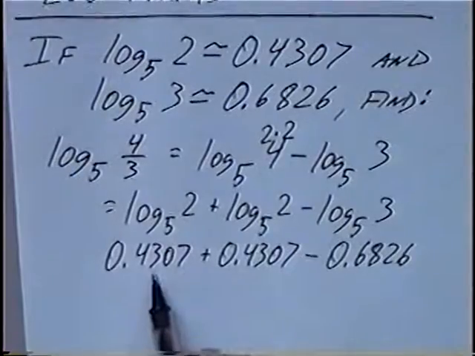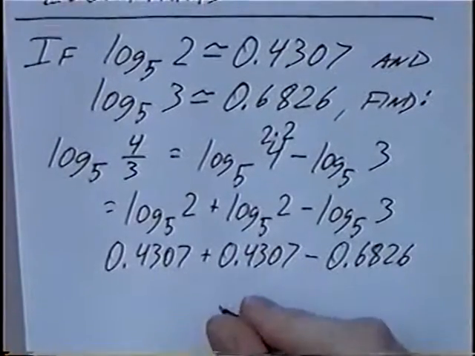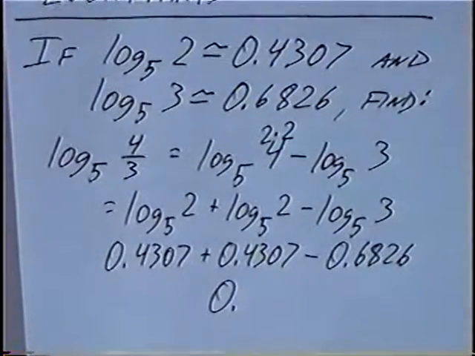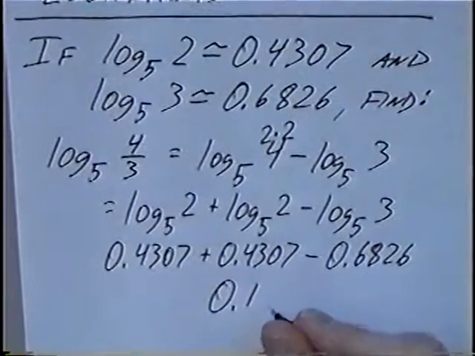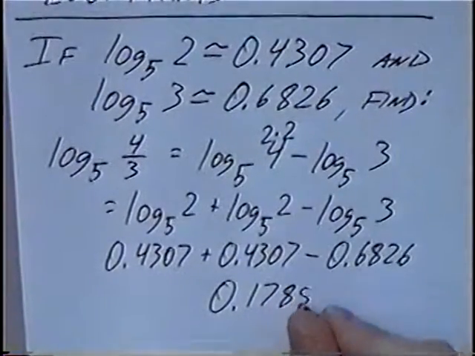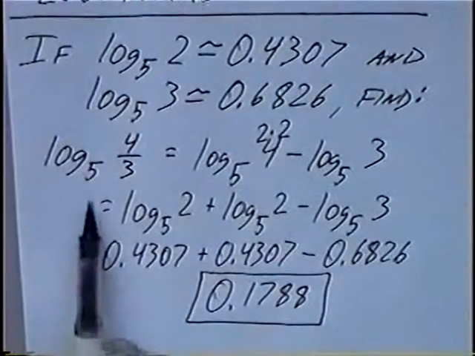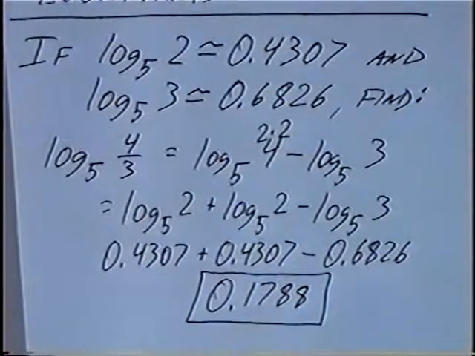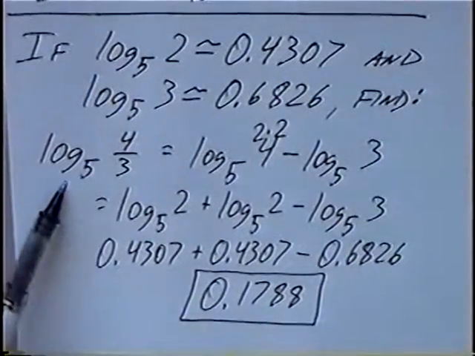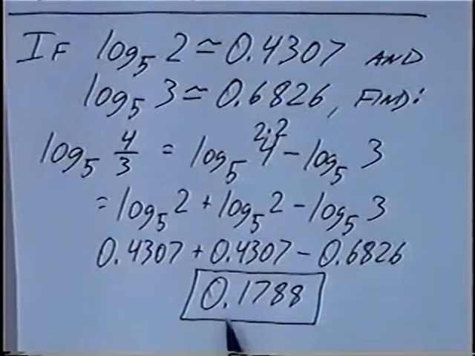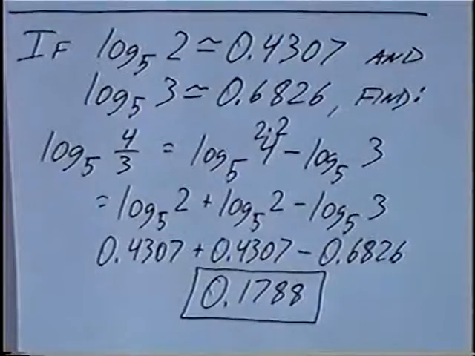Combine these decimals, adding and then subtracting, we'll be left with our final answer of 0.1788. So by expanding logarithms and using given information, we can estimate that log 4 over 3 base 5 is approximately 0.1788.